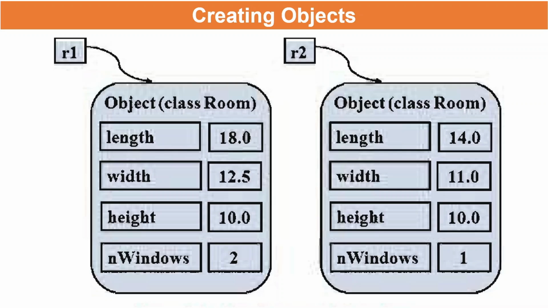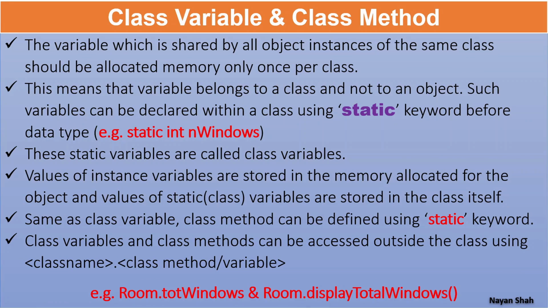If I give that field to every student, they won't be able to write anything in it, because they don't know the percentages of other students. So such a variable, which does not belong to an individual object but rather to the class itself, should be declared as a class variable, and such a method should also be declared as a class method.